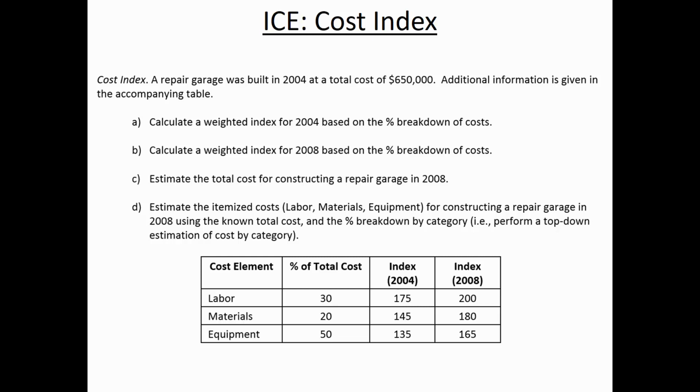And what we have to begin is some data from 2004. A similar garage was constructed in 2004, and we know the cost of construction back then. And so we're going to try and project what will be the construction cost in 2008.